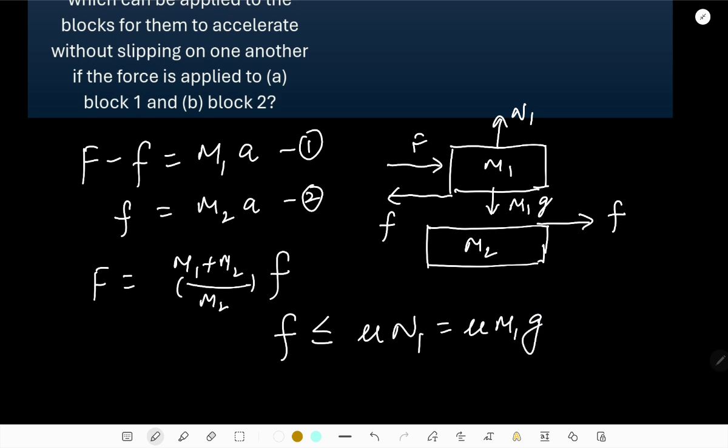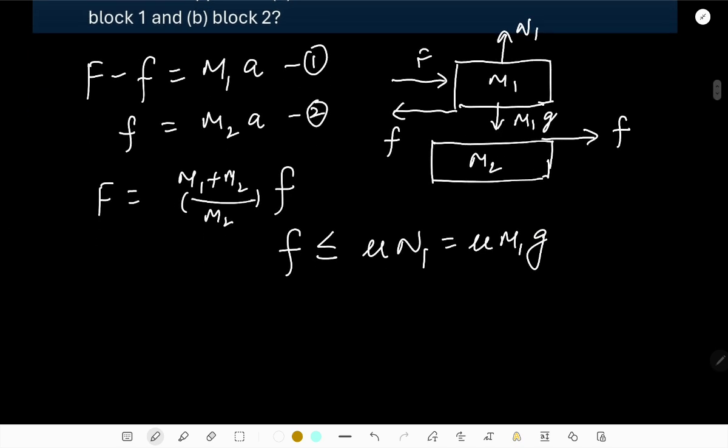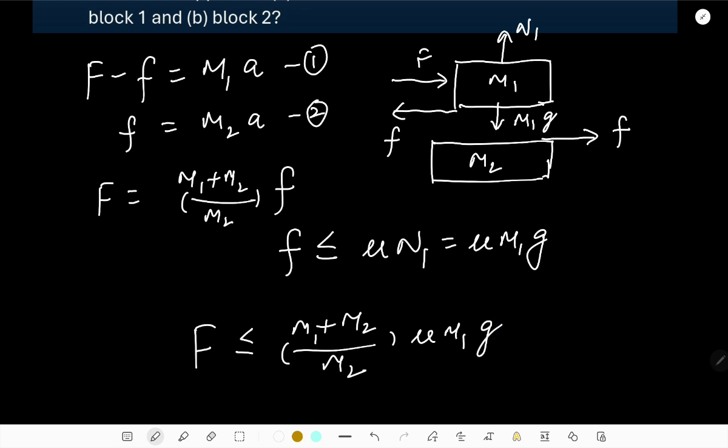So I came to the conclusion that the applied force F from outside should be less than or equal to m1 plus m2 divided by m2 multiplied by mu m1g, and that's my answer. I don't have anything else to do.